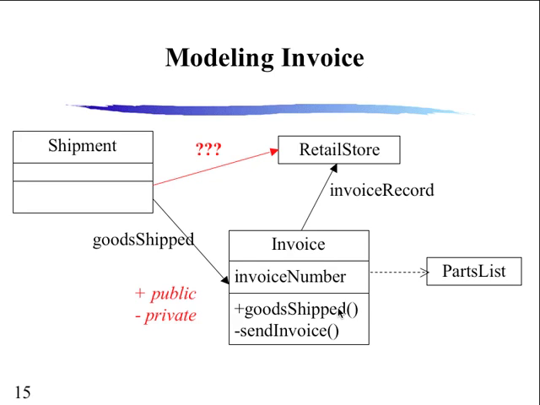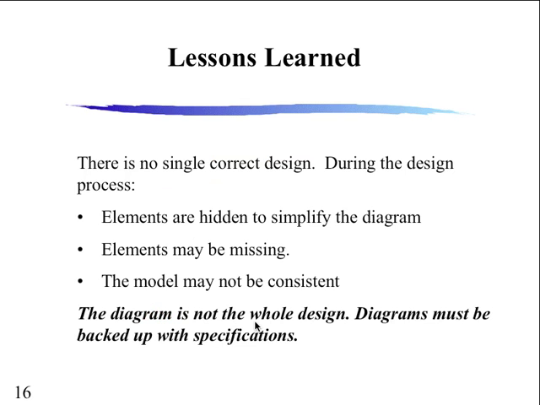If the audience for this diagram is somebody who is going to be implementing this, rather than, say, the customer, then we can say goods shipped is going to be a public method, and send an invoice is going to be a private method that's run within this invoice class, and we're not going to have exposure to it outside of this class. We can indicate in the diagram, depending upon the need, what it is we're trying to show, and those different types of scenarios as well.